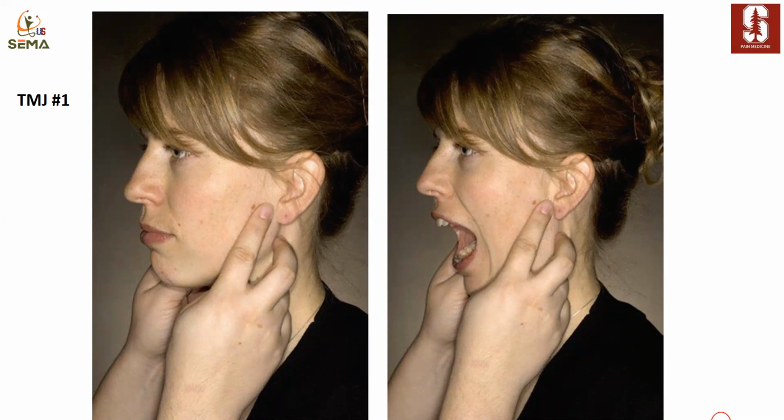And it's important to distinguish whether this limitation is due to TMJ disease or masseter spasm, for example. They are completely different entities, and the management will be different.